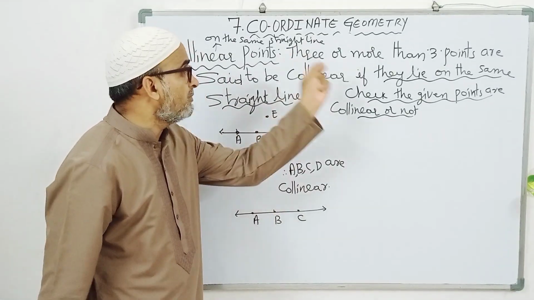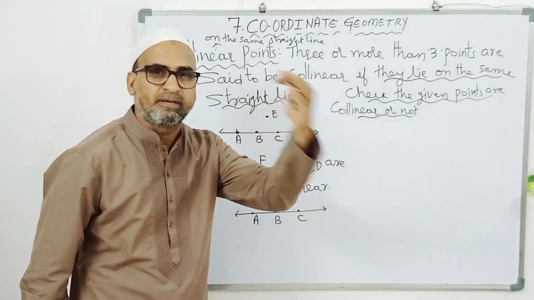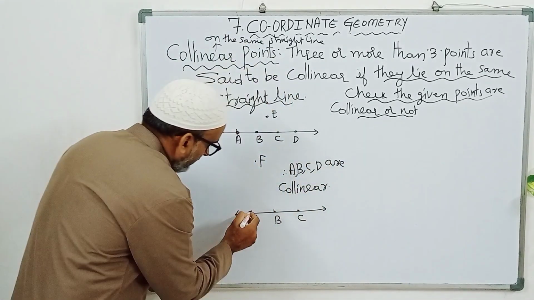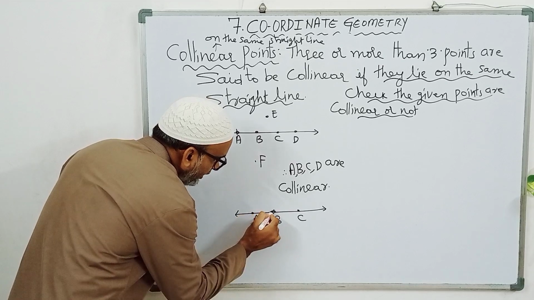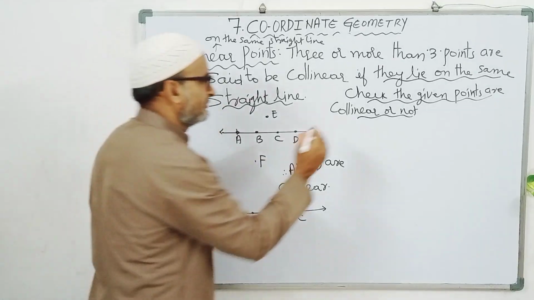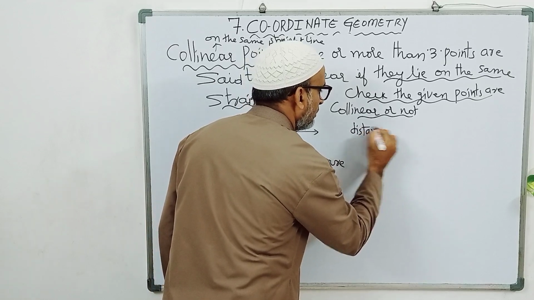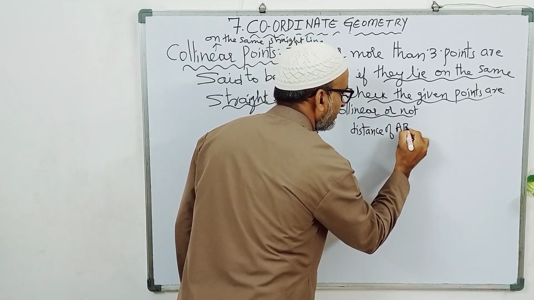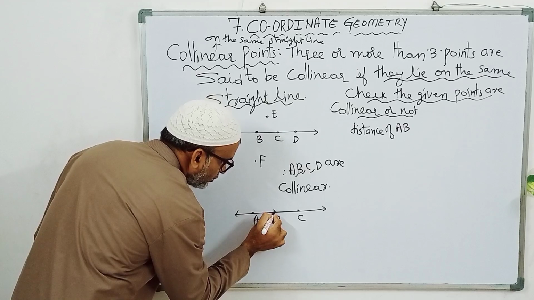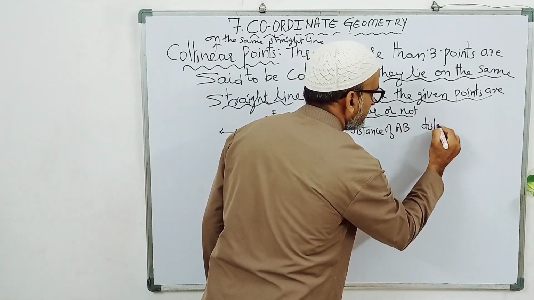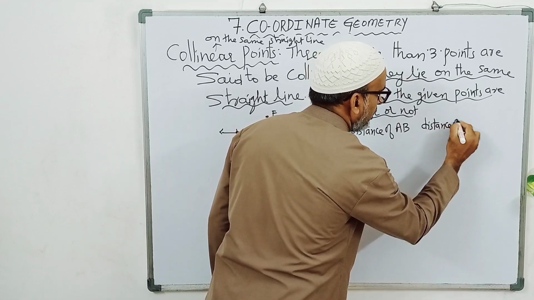Now we should check mathematically. How to check mathematically? The important point, you see. Now what you should do: find the distance from A to B, the distance of AB, and find the distance of BC.